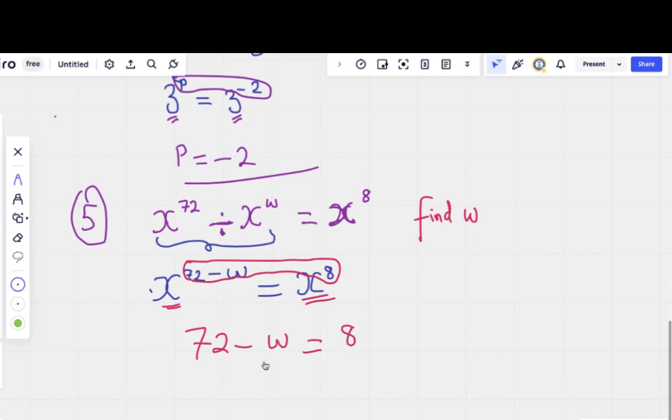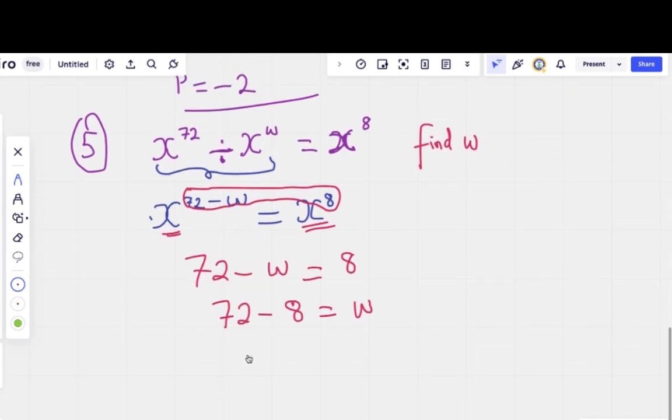If I move 8 to the left, it's going to be 72 minus 8. Then w goes to the right, it becomes positive w. Why do I move it to the right? Because it's negative on the left, so it's easier for us. So 72 minus 8, we get 64, right? Equals to w. So you can rewrite it, w equal to 64.